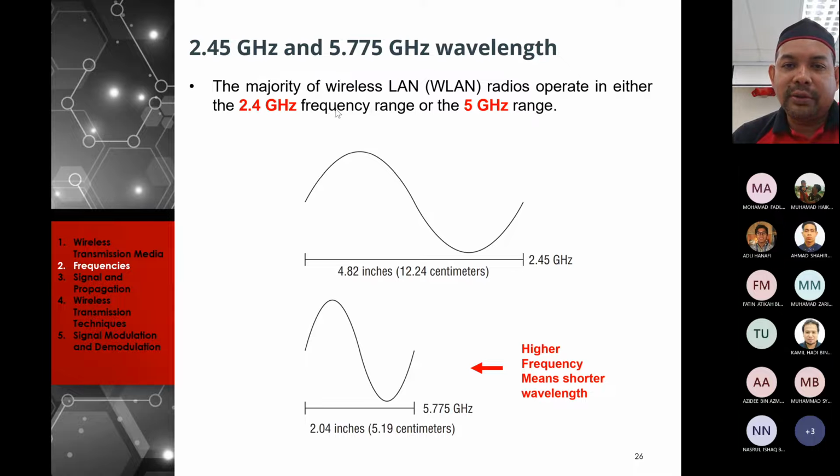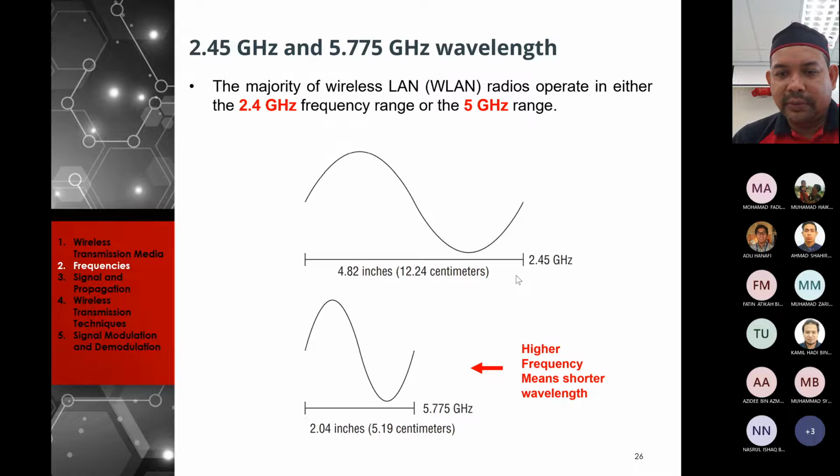So yang kita pakai untuk WLAN. So the majority of wireless LAN radio operate in either 2.4 GHz frequency range or the 5 GHz range. Okay, so ni kita boleh measure dalam 4.82 inches, ataupun tukar kepada meters, 12.24 cm.